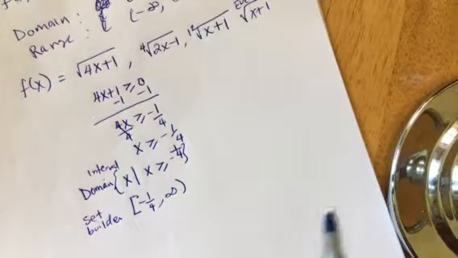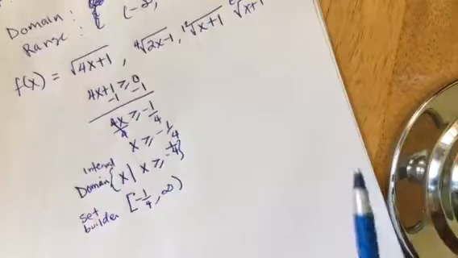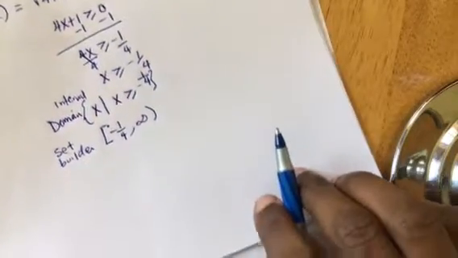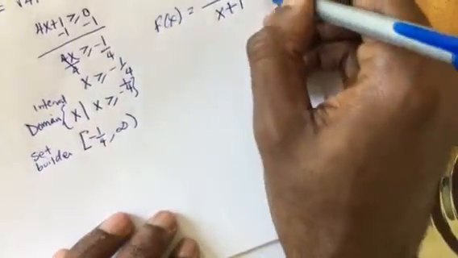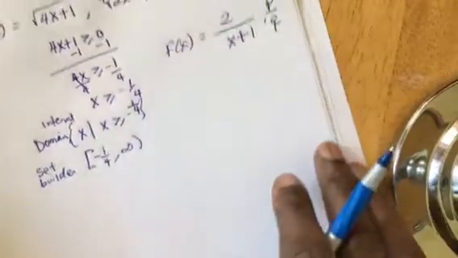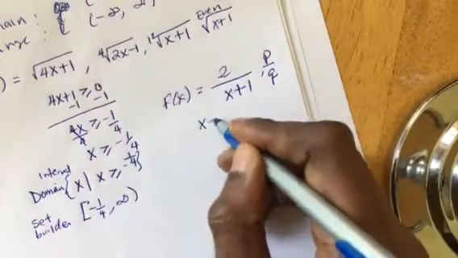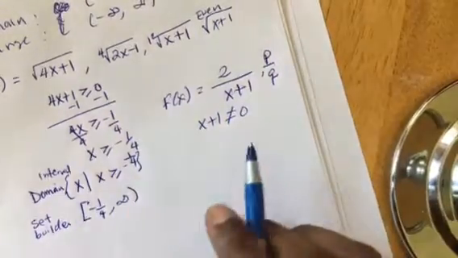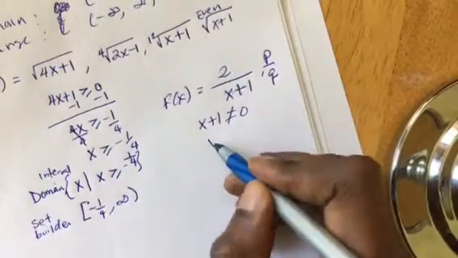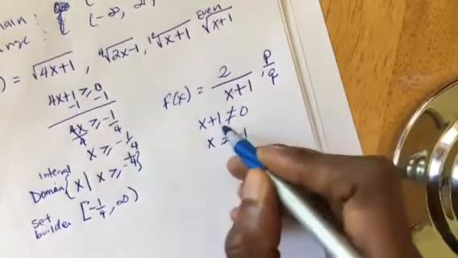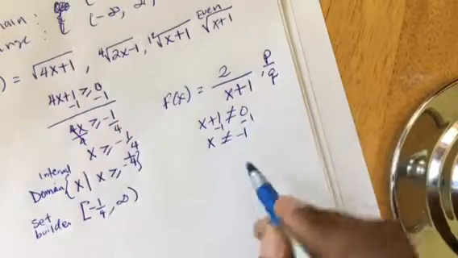Another one, let's say you have a function where f of x equals, let's say, 2 over x plus 1 or something. As long as it's in this format, p over q, we solve the denominator. We say that x plus 1 cannot equal 0. Basically, the denominator cannot equal 0. So we get that x cannot equal -1, if you subtract 1 from both sides.